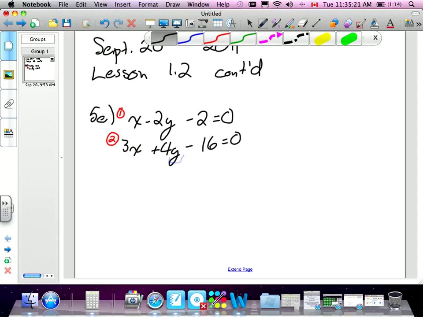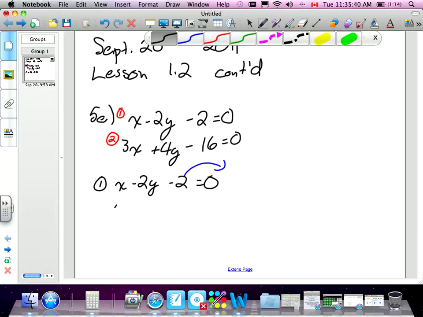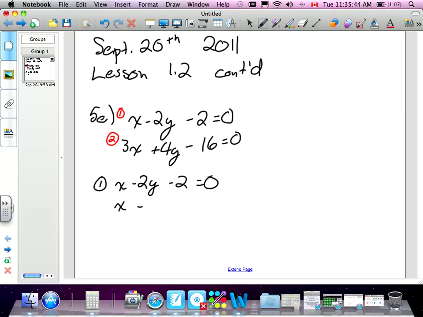So equation 1, we have x minus 2y minus 2 equals 0. We're going to be moving 2y to the other side. And we're going to be moving negative 2 to the other side. So, when I move negative 2y to the other side, it's going to become positive. So do it one step at a time.